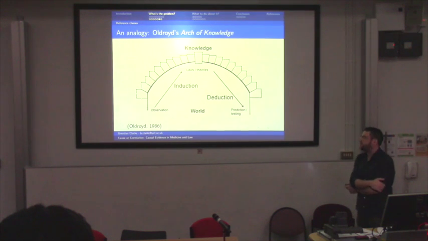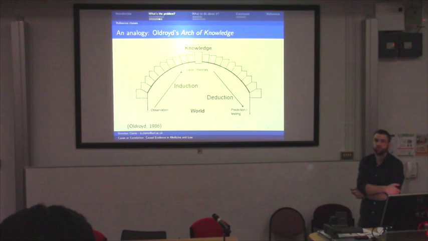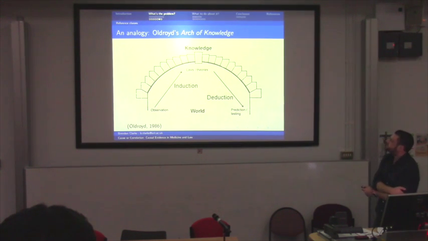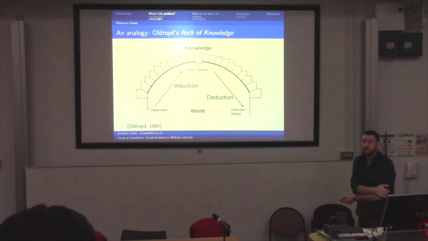Just as a very brief aside, I want to point to this, which is from one of my favourite history of philosophy books, David Albright's The Arch of Knowledge. He talks about a device that runs through the history of philosophy about epistemology.